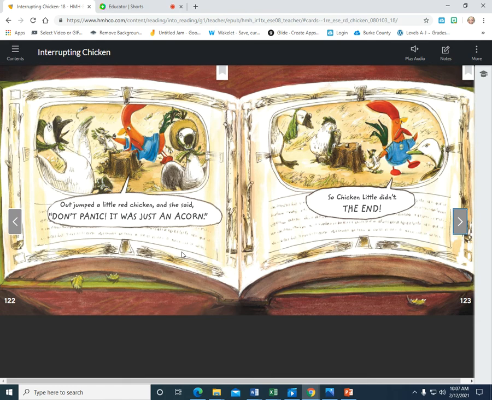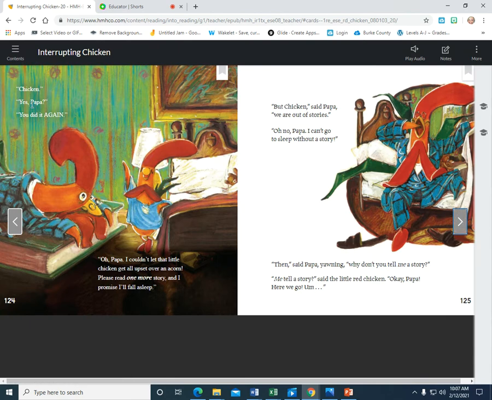It was just an acorn." So Chicken Little didn't. The end. Chicken, yes, Papa. You did it again. Oh, Papa, I couldn't let that little chicken get all upset over an acorn. Please read one more story, and I promise I'll fall asleep.